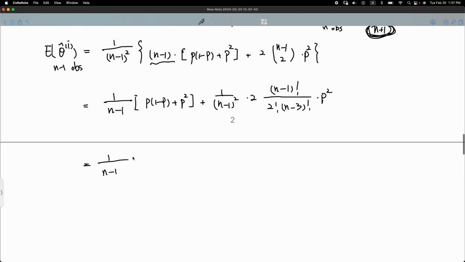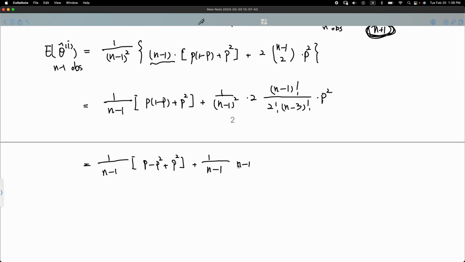Okay, then the rest is just further simplification. Let's see, p minus p squared plus p squared. Here I'm going to jump a few steps because it's similar to the first part. The n minus 1 here cancels out with one copy of n minus 1 here, and the 2 cancels out with 2 factorial.